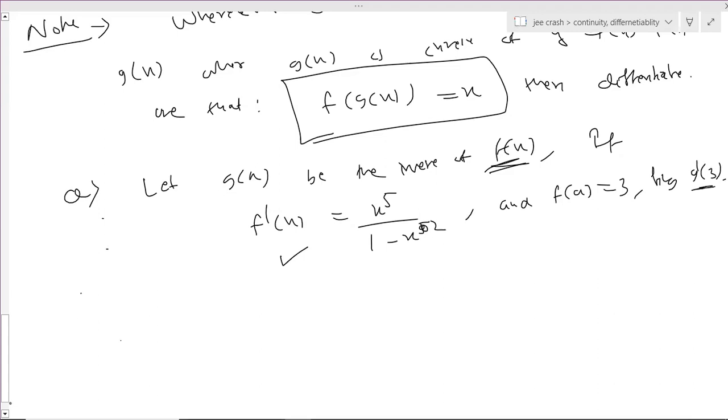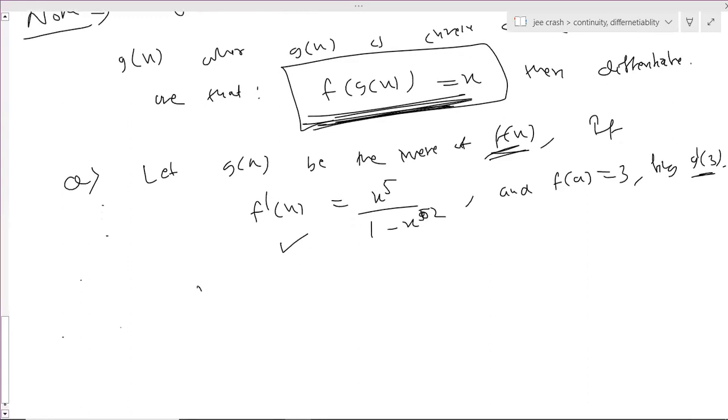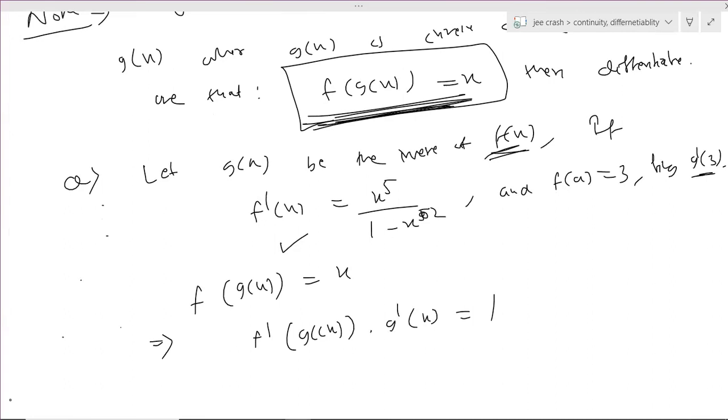Then very simple, start from where? This. We can write f of g of x as x. If you differentiate with respect to x, you will get f dash g of x times g dash x equals 1. This concept is clear, everyone?